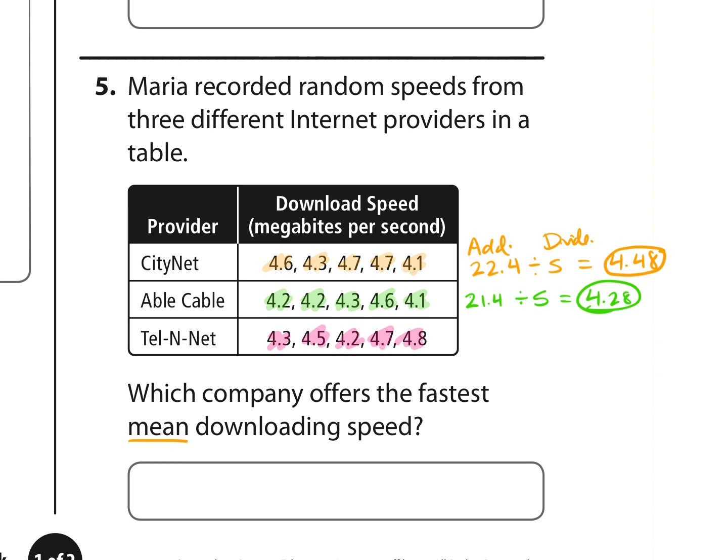We'll add those together to get 22.5. And once again, there were 5 numbers, so we'll divide by 5 to get 4.5. So which one is the fastest mean downloading speed? That would be this one. This was the greatest number. So it was Telenet. And that would finish this out.